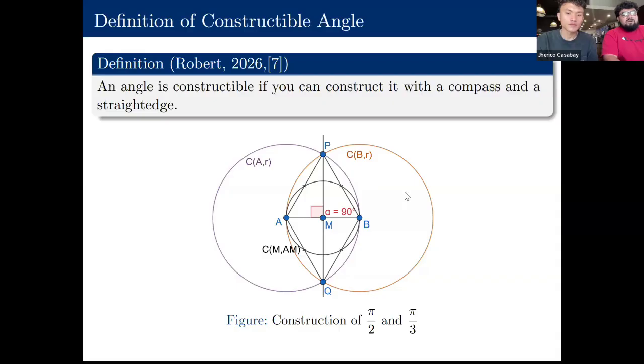However, we also know that the orange circle has the same radius, so the distance from B to P is also the same length as AP and AB. Since all side lengths are equal, these angles must also be 60 degrees by definition of an equilateral triangle. So we get that pi over 3 is also a constructible angle.